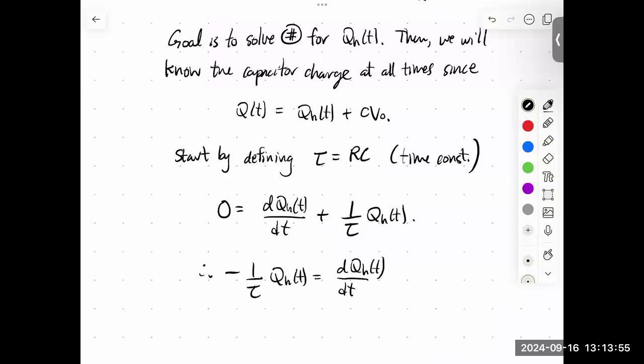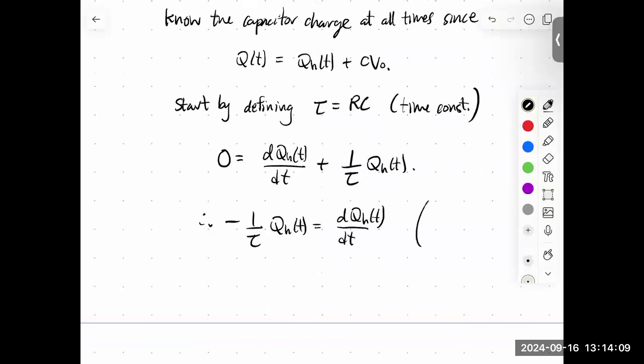The next objective is to try to get everything that involves Q on one side and everything that involves t on the other side. So what we'll do is multiply both sides by dt.